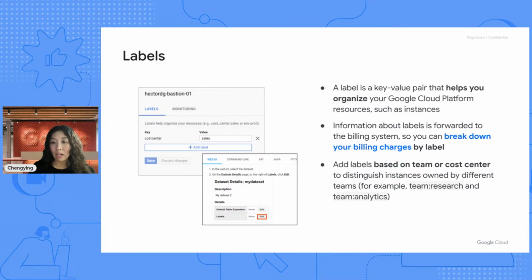You can also add environment or stage labels. This is usually to differentiate the environment, for example, whether it's a production resource or a test resource, to indicate whether it's a lower environment or production environment.